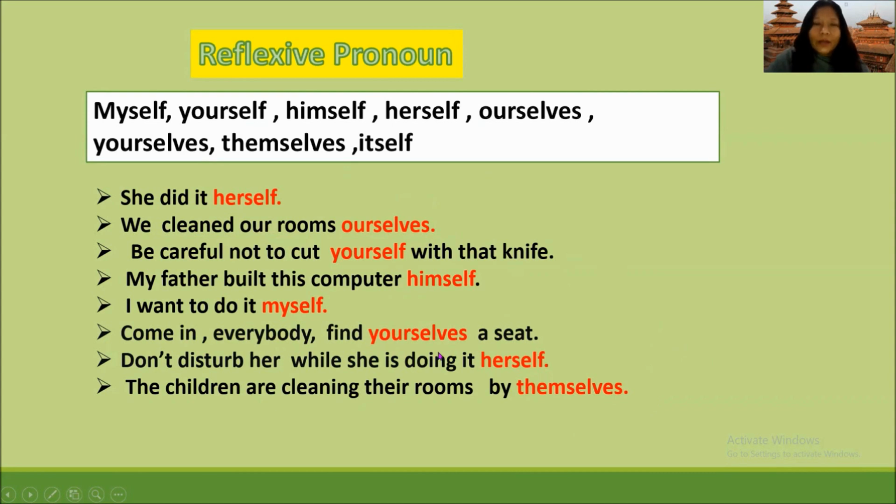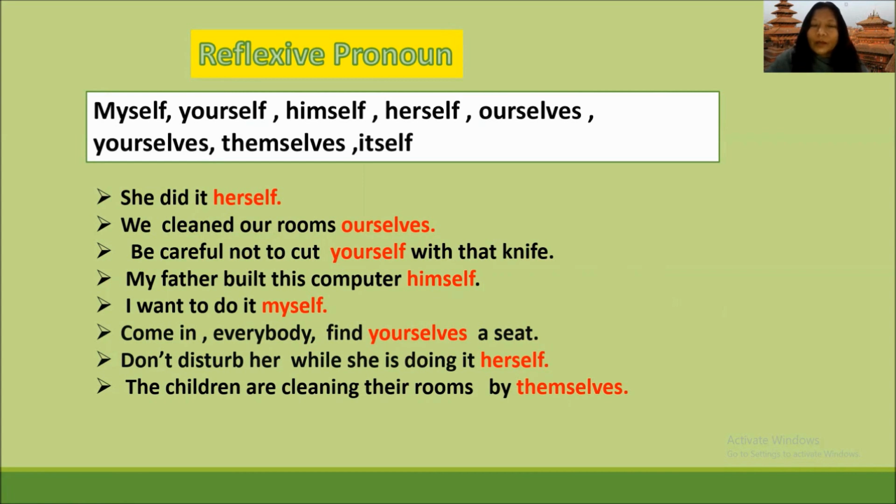And one more thing is yourself and yourselves. Yourself is used for singular noun and yourselves is used for plural noun. For example, yourself: Hurry, do this work yourself. Hurry is singular, so yourself is used.